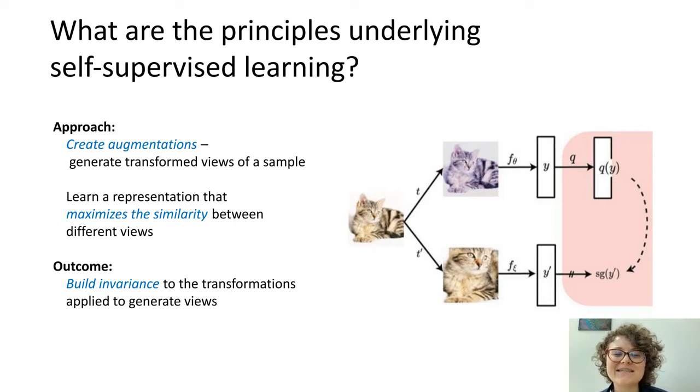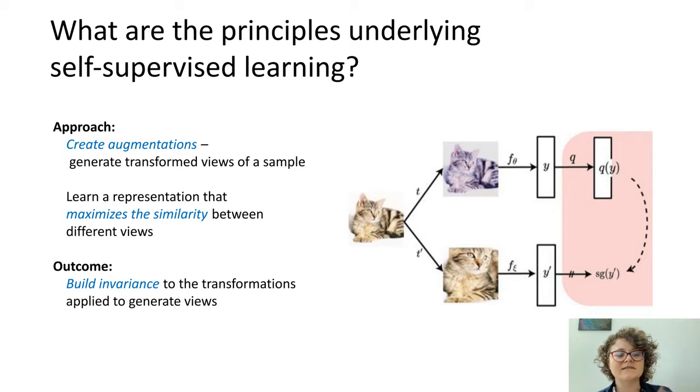And so the idea is to take those different views and then learn a representation, often with a neural network, that is trying to maximize the similarity or minimize the distance between the embeddings of these different views in the latent space of the neural network.